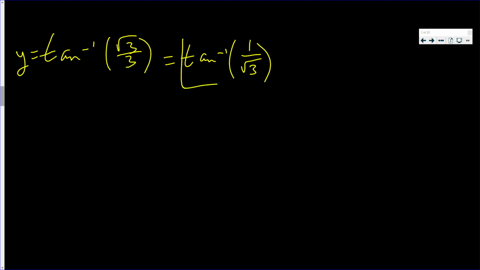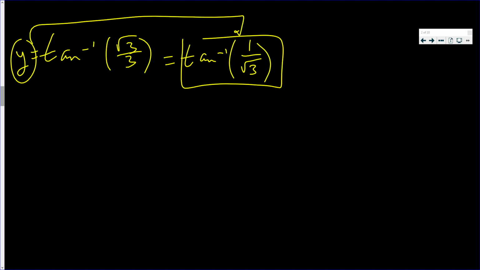So we know that this is equal to y. You can interchange those anytime you want. So the tangent of y is 1 over square root of 3. And we don't have to write the inverse because I switched the two arguments. This and this are called arguments.